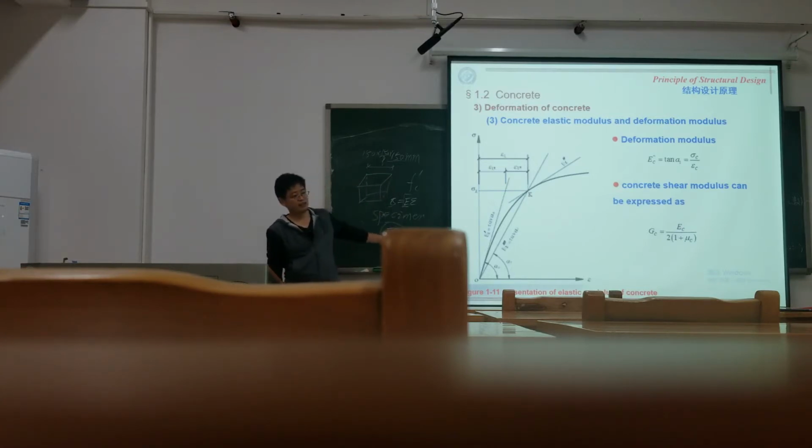EI actually means the strength of the section. I is the moment of inertia, E is the modulus of the material. So for the same section, if you use different material, you can get different strength.